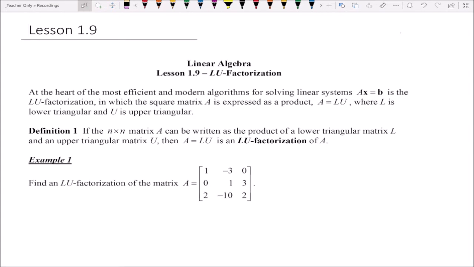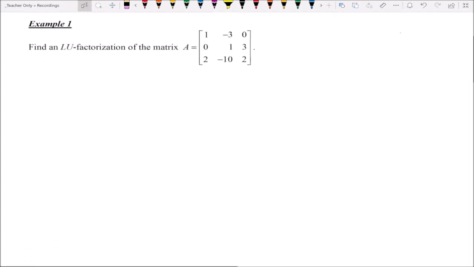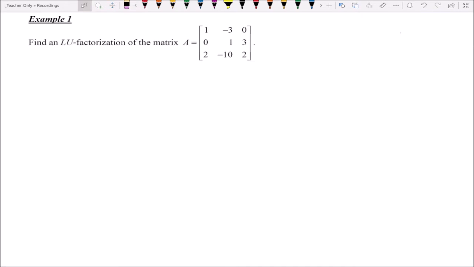As an example, we're going to find an LU factorization of this matrix here. This is also going to be used to introduce the technique for finding the two matrices. So what we do is first start with the matrix A. We will now perform elementary operations on this matrix to put it into upper triangular.